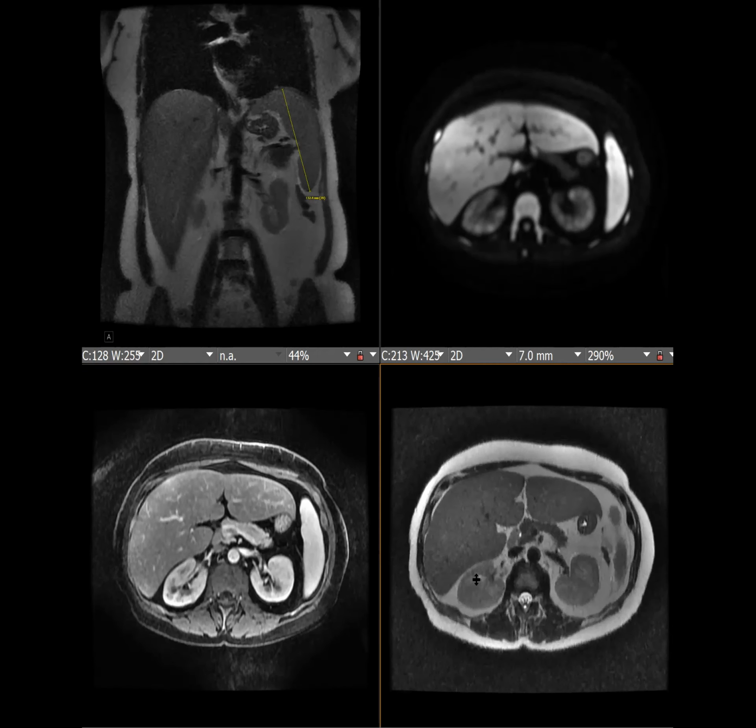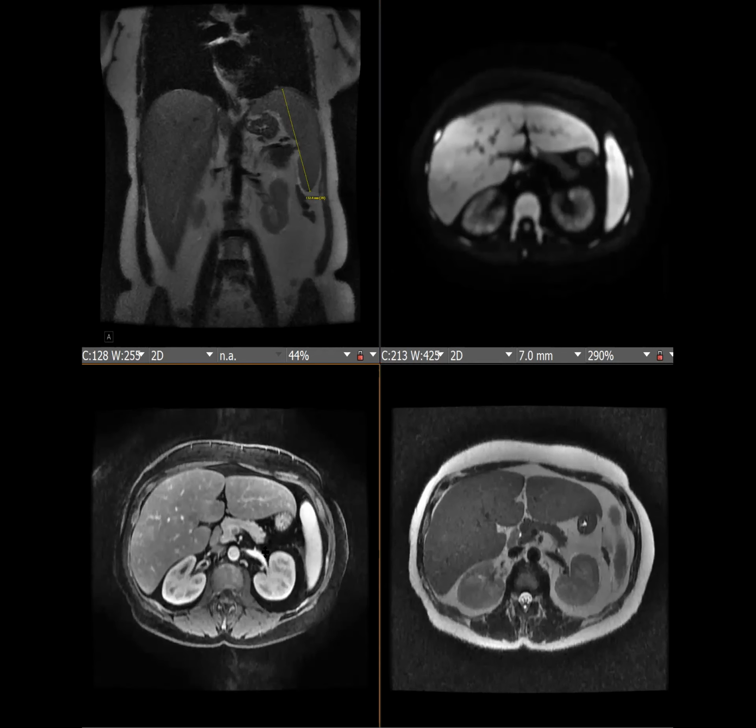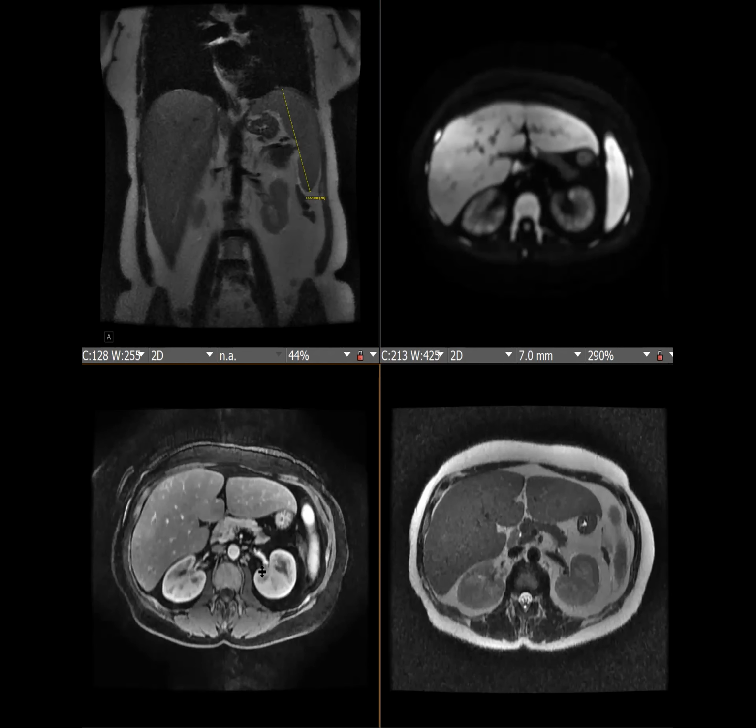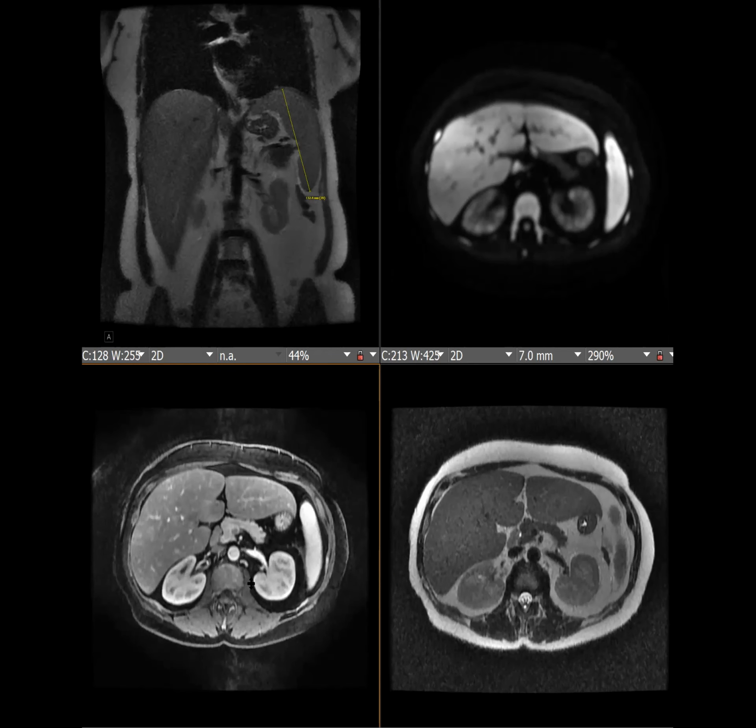Incidentally, that lesion that we were looking at, we felt that it may be an adenoma, but that was the less important, or from my perspective, the less interesting finding in this patient. So I just wanted to share.